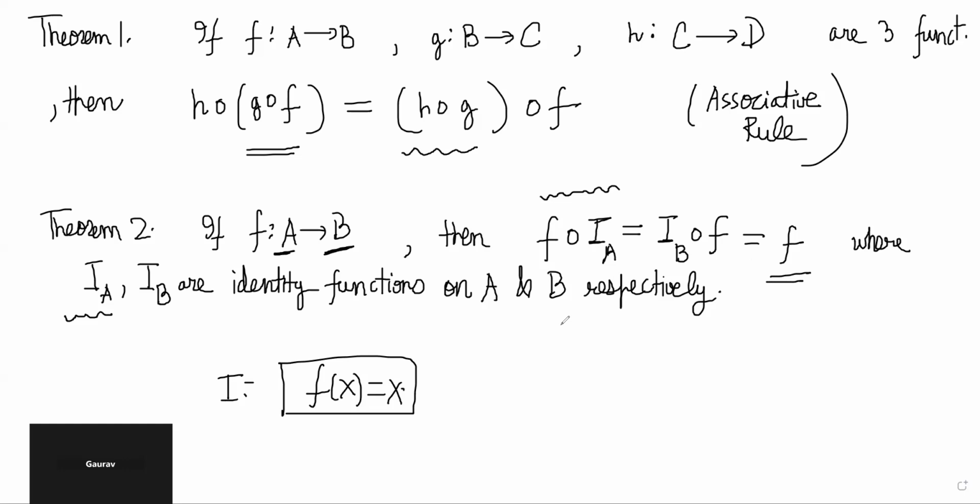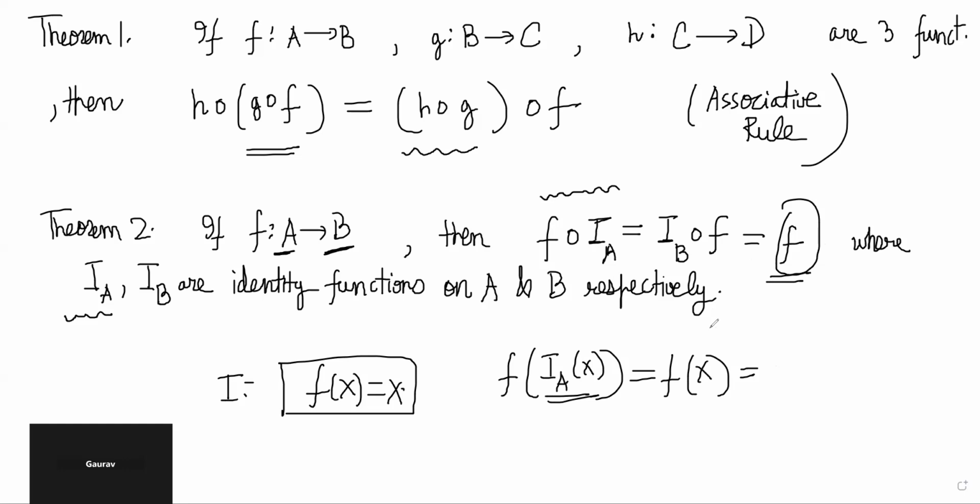Why? Because it is going to be f of IA of x, but IA of x will always be x, so it is f of x, which can be written as basically f. Or you can write this as f of IB of x, because IB of x is also x. So you can write this as this also.